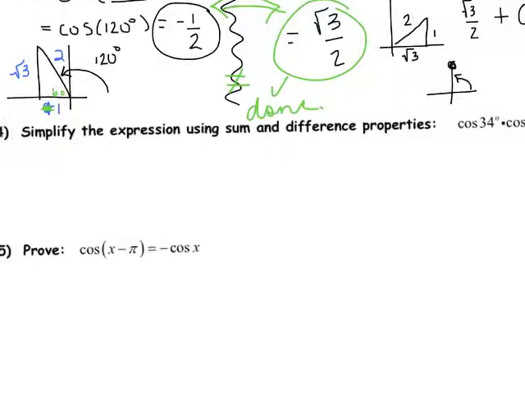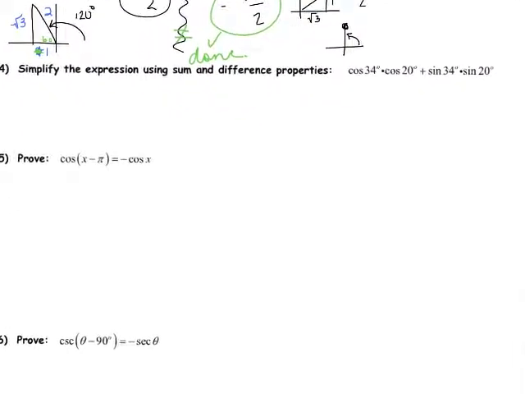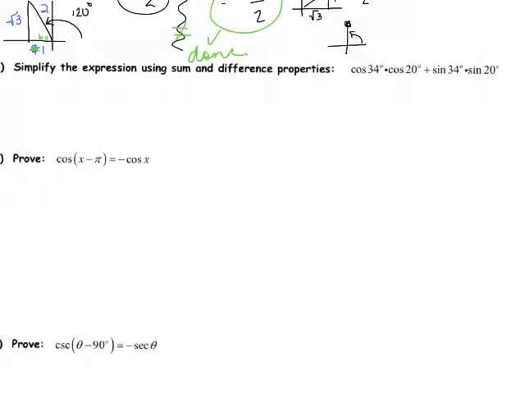So instead, what we do when we see sum and difference is we look on your formula chart and we use these rules for the sum and difference. So I want you all to look at the formula chart. Try to identify where cosine of 34 times cosine of 20 plus sine of 34 times sine of 20 is. And let me rephrase that. You're not going to find the 34 and the 20, but you're going to find cosine of something times cosine of something different plus sine of something, sine of something.